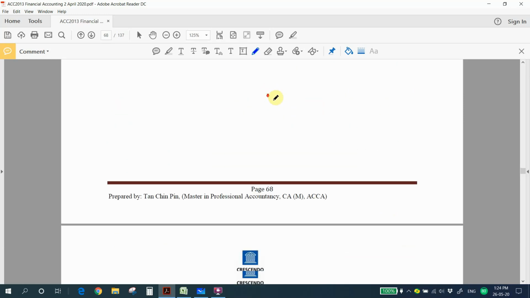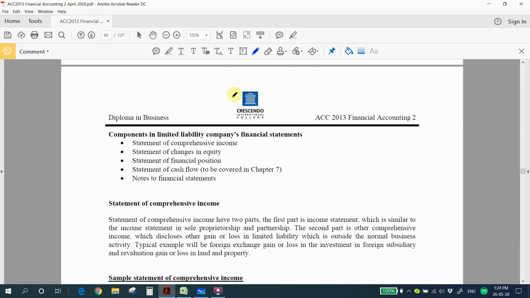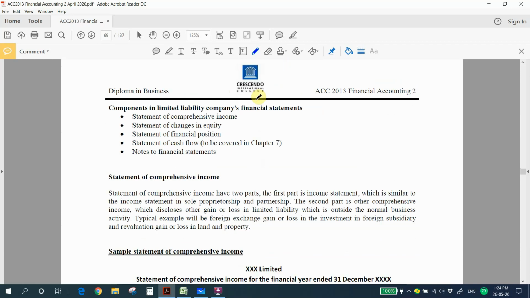So let's start. Here are the components in a limited liability company financial statement. First, we have the statement of comprehensive income. This statement of comprehensive income is very similar to your sole proprietor or partnership income statement, just that the preparation format is somewhat different.